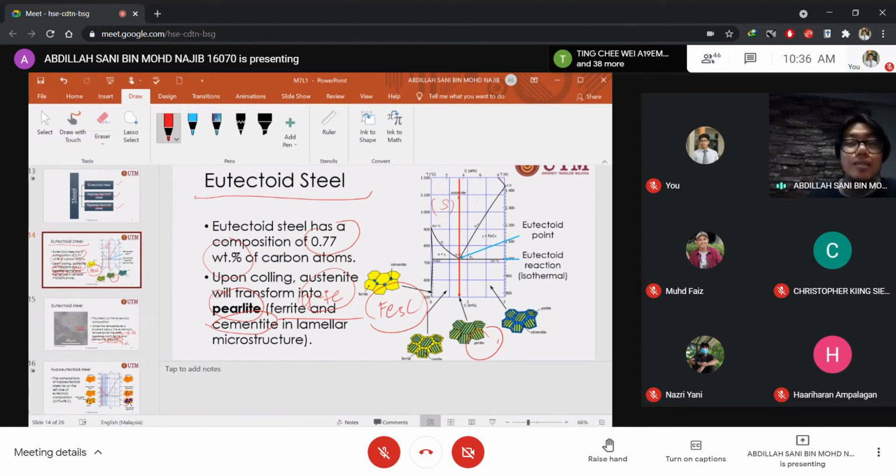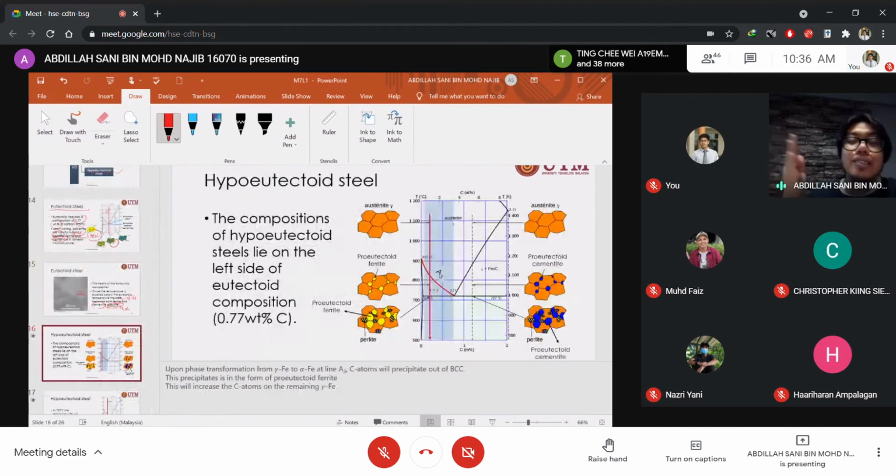So when we divert a little bit the composition, say we decrease the carbon, this line will be shifted to the left because carbon is less.